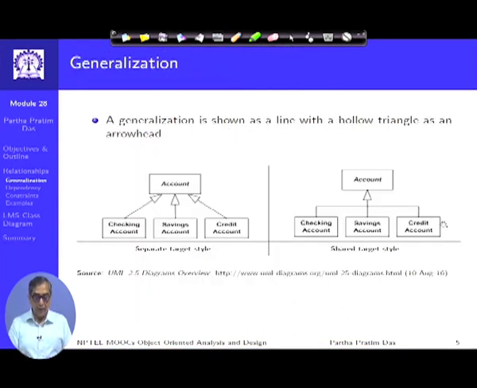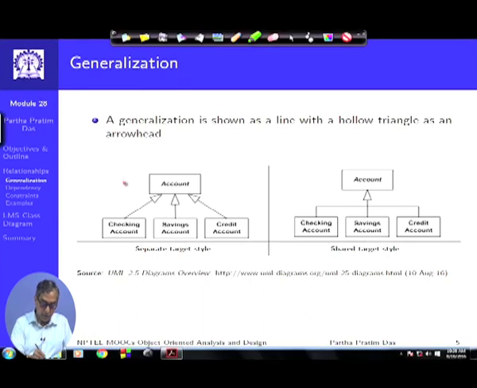So, this is the basic representation of generalization. This is the generalized class and these are the specialized classes, and we draw an arrow from the specialized class to the generalized class, and the arrow head is an empty triangle, which represents that it is indeed an is-a relationship.